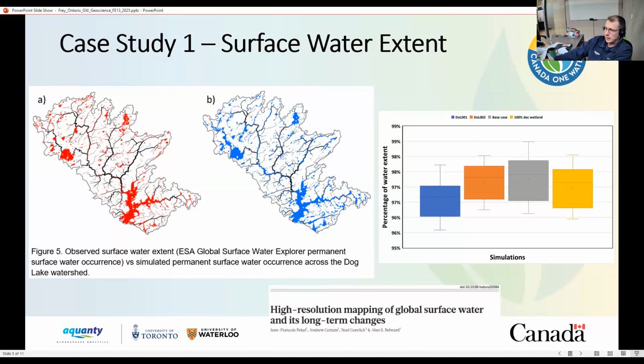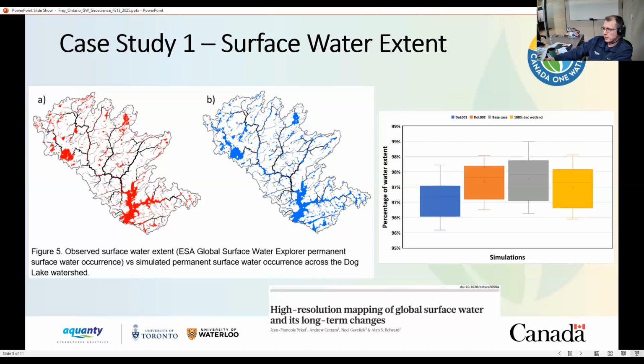So here on the left, panel A, this is surface water extent derived from Landsat. We use a data product called the ESA Global Surface Water Explorer. It's described in this Nature paper, heavily cited over the years. So this is kind of our benchmark for where we want to see surface water in the model.